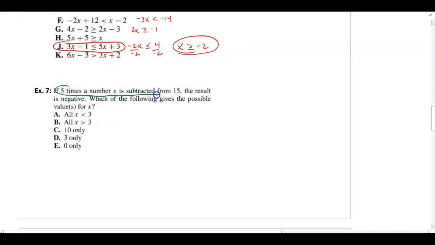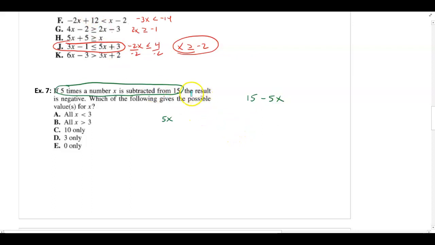One, this part here: 5 times the number, which is 5x, is subtracted from 15. So the order I have to write this is very important. So I'm subtracting this from 15. So I'm going to start with 15 and I'm subtracting the 5x from it.